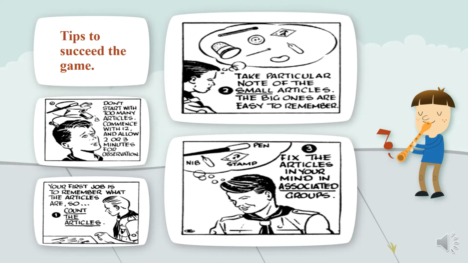The big ones are easy to remember, but let's pay attention to the small ones. Finally, fix the articles in your mind in associated groups. If you remember, there's a theory in which you put objects together in order to remember them easily. So that's a way to succeed in this game.